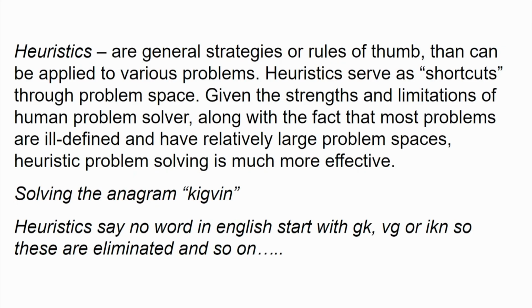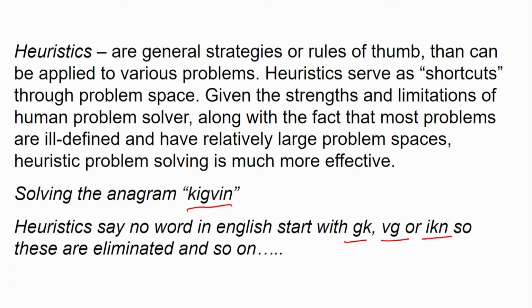For example, how do we solve the same problem? In terms of algorithm, we saw that we will do n number of manipulations. There are these 6 different letters, and we can do all number of arrangements out of them, and then come up with an answer. A good heuristic of how to solve this problem is thinking that GK, VK and IKN are not possible.